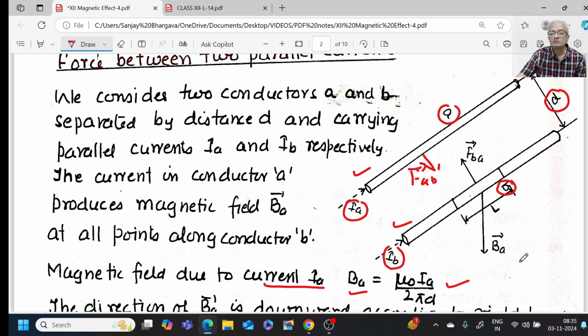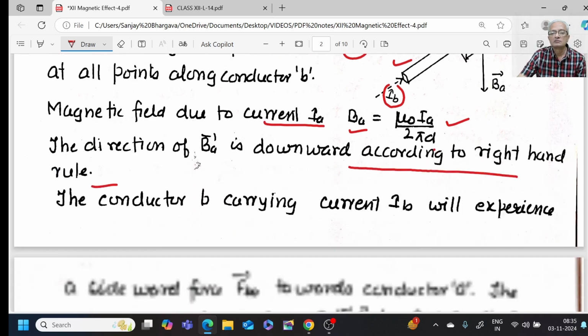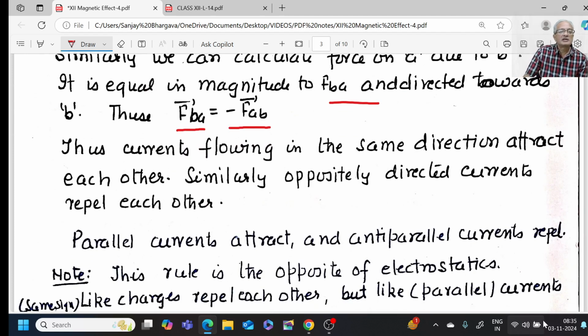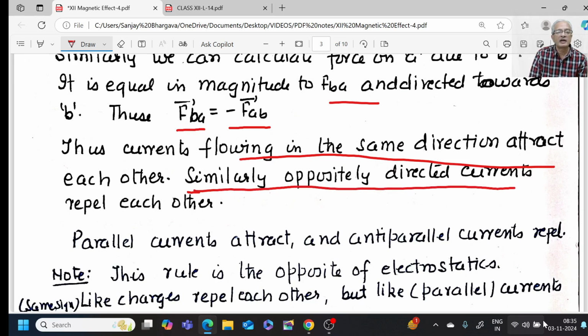So I can say the currents flowing in the same direction attract each other. And another important result is that oppositely directed currents repel each other. So the rule says parallel currents attract and anti-parallel currents repel.